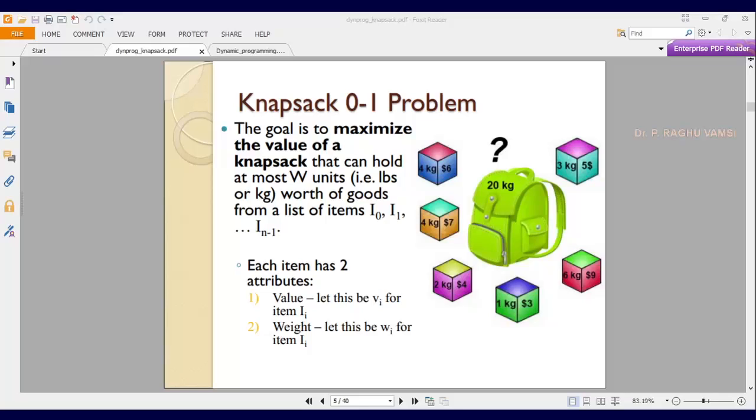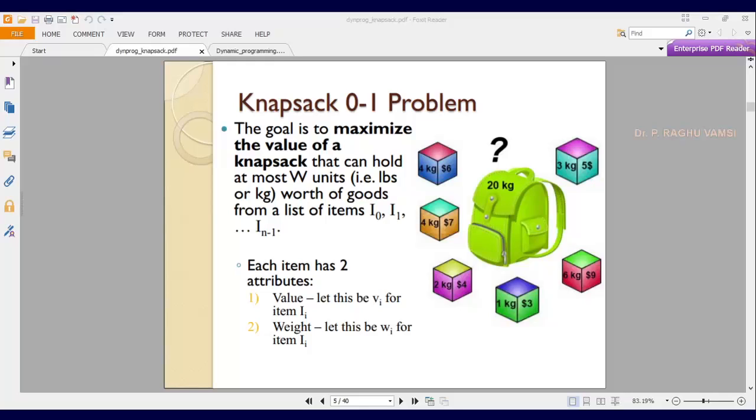The only condition that differs from the fractional knapsack is that in fractional knapsack we can place part of an item, and whatever part of the item you consider, that much benefit you achieve. But in case of 0-1, either you place the item completely in the bag or you do not take it. This is what is called the 0-1 knapsack problem.